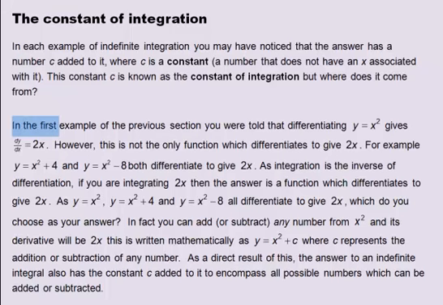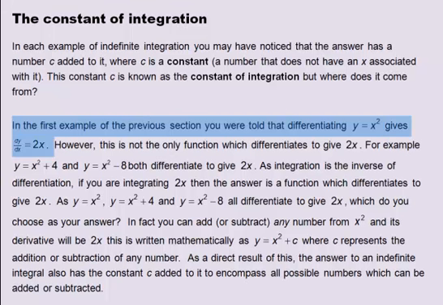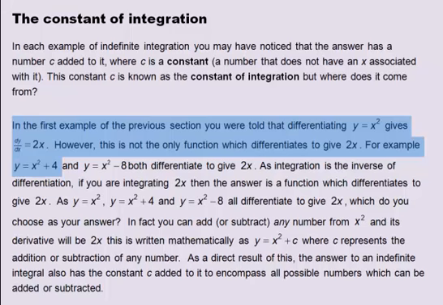In the first example of the previous section, you were told that differentiating y equals x squared gives dy by dx equals 2x. However, this is not the only function which differentiates to give 2x. For example, y equals x squared plus 4 and y equals x squared minus 8 both differentiate to give 2x.